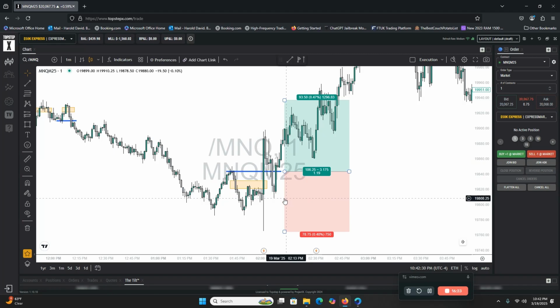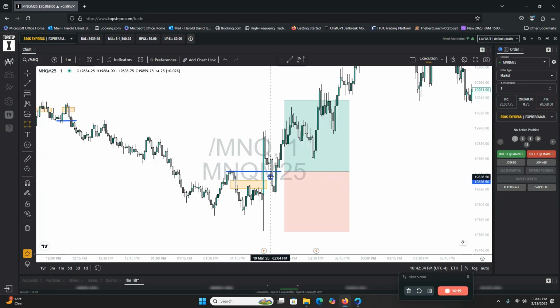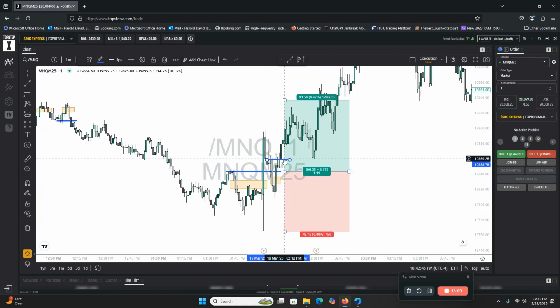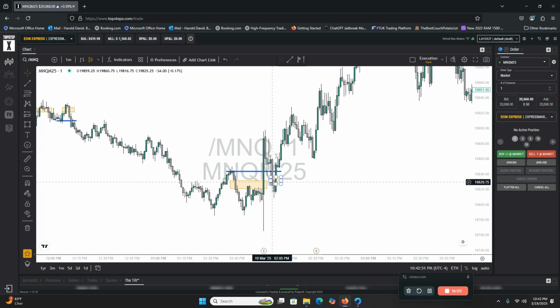Then we come back up and we have another inversion. Boom. And this is the clean one. Advanced market structure shift. I add right here for that second signal. So it's a nice, more confirmation. When you get a second confirmation, you can add.